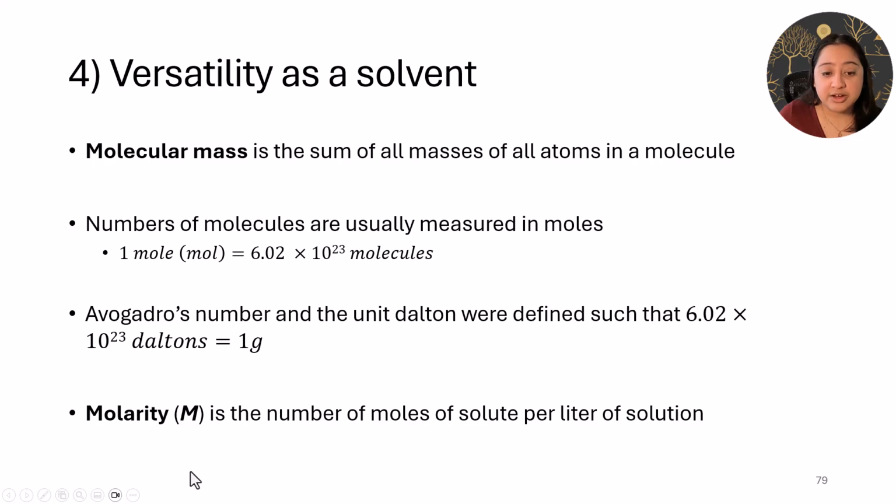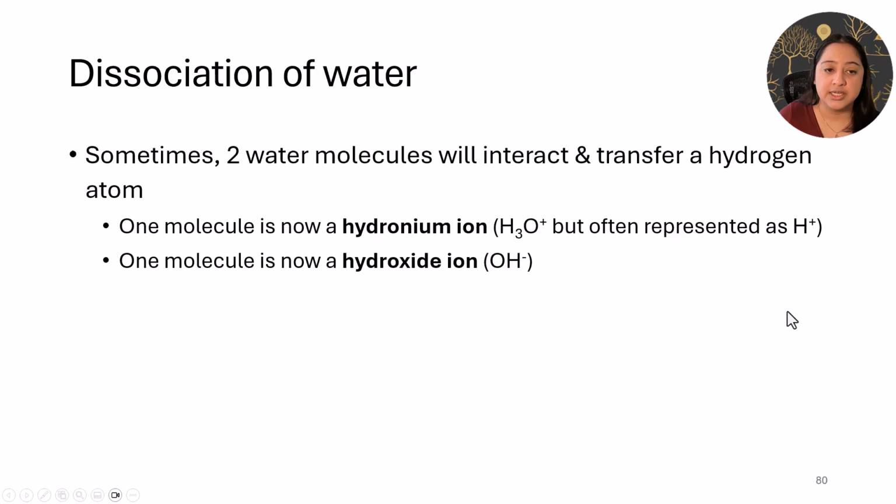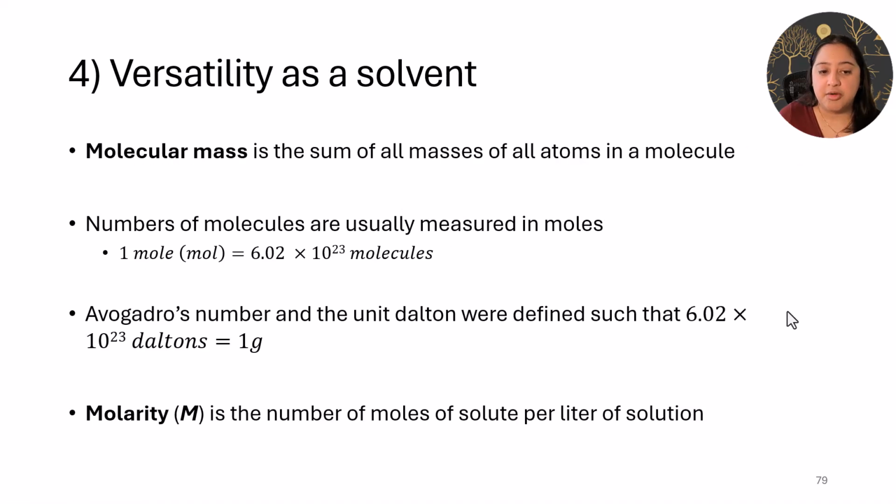And then molarity is the number of moles per liter of a solution. A liter is a volume measurement of a solution. So it's trying to say how many of these molecules there are in this amount of water or whatever solution. That's kind of it.